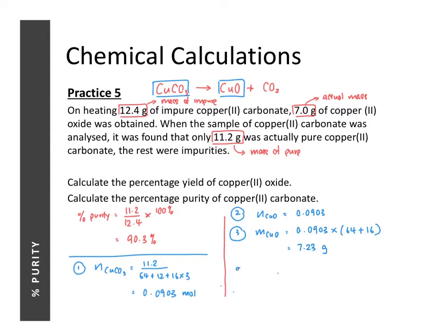Then we can go on to find percentage yield, which is the actual mass, which is 7, over the theoretical mass times 100%, which is 96.9%.